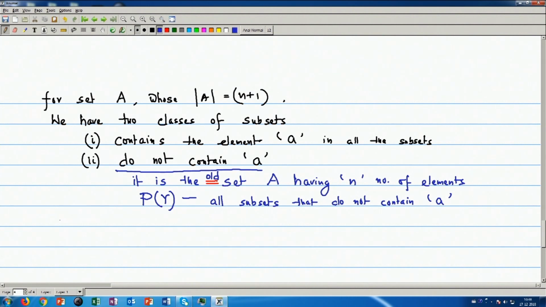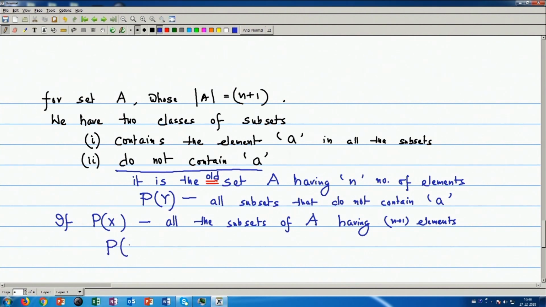And if P x represents all the subsets of A having n plus 1 elements, after inserting the new element a, then clearly the cardinality of P y is the cardinality of P x divided by 2.